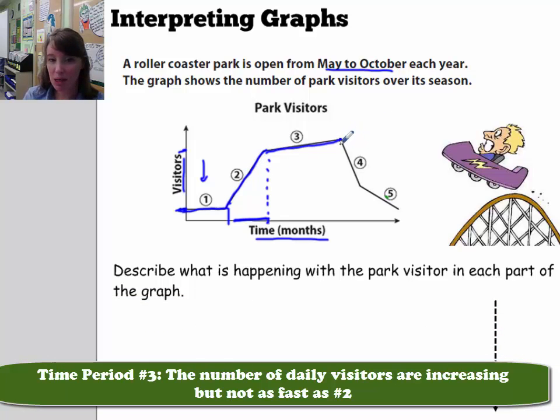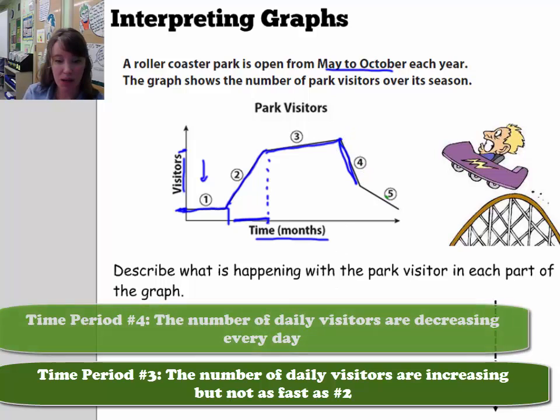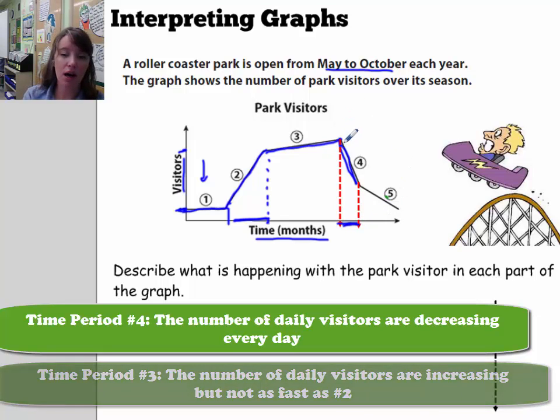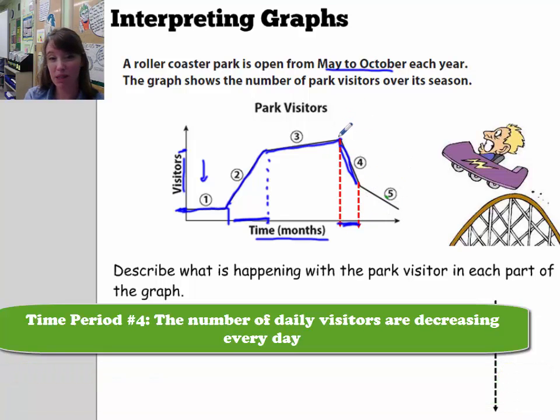Now line segment number 4 shows a decline. In this period of time, if I create these dashed lines, let me get my line segment tool and make a dashed line here, in this period of time right here, let's draw these vertical line segments. In this period of time indicated on the x-axis, the visitors to the park are rapidly decreasing.